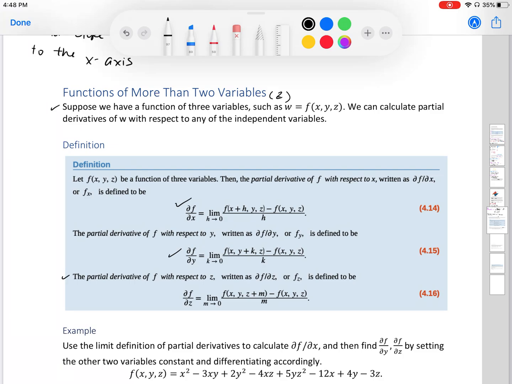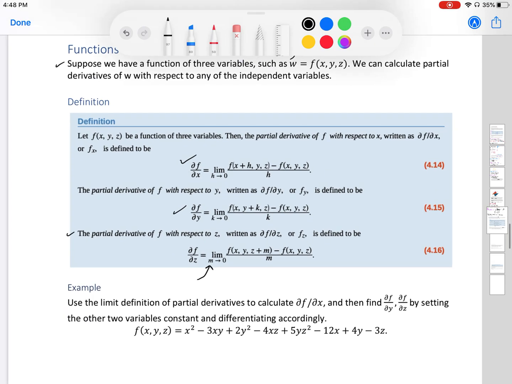The partial derivative of f with respect to z, written as df dz, is defined to be the limit as m goes to 0 of f of x comma y comma z plus m minus f of x comma y comma z, divided by m. And notice we didn't use h. For each variable, we can change our arguments. Instead of h, we can make it any letter.